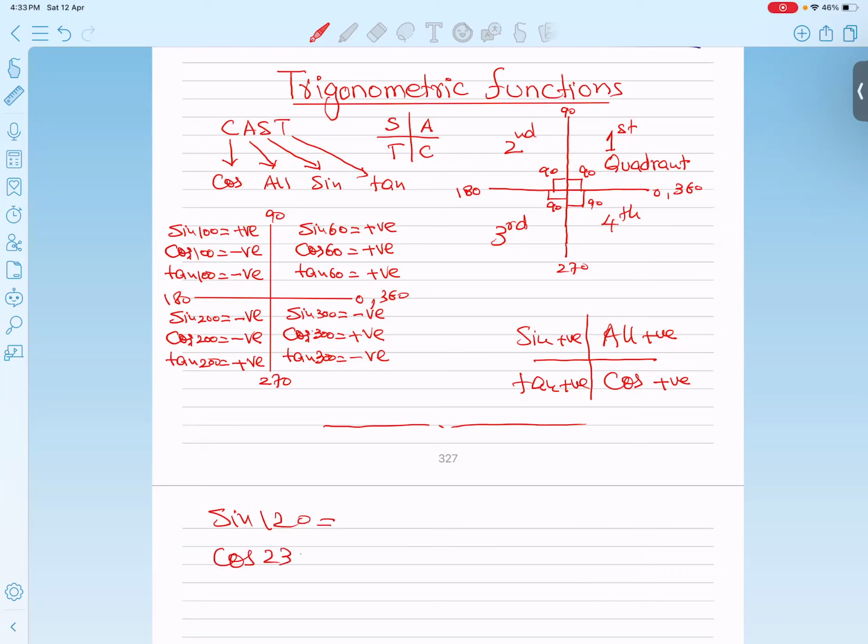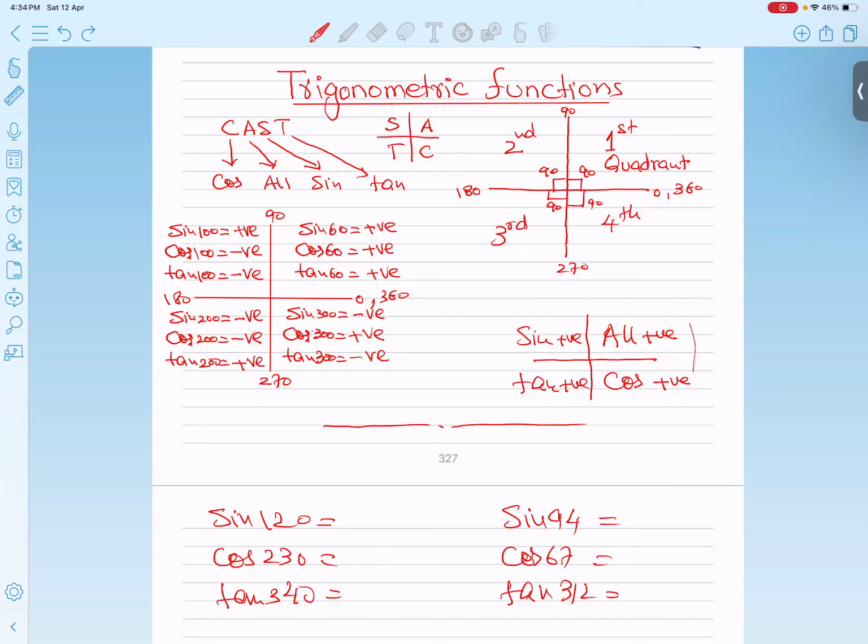Sine 230, tan 340. And then sine 94, cos 67, and tan 312. All these values, you give the sign without a calculator.